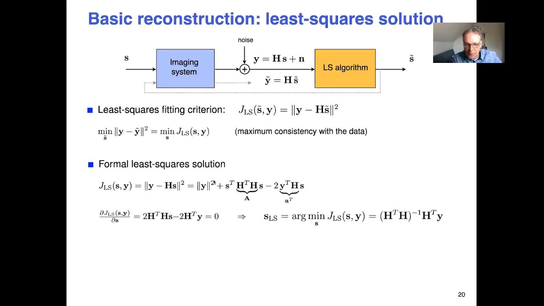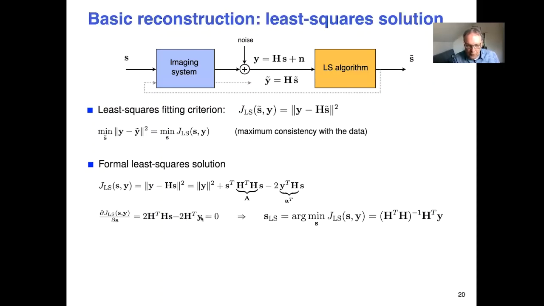I can write it in this form, where I have a quadratic function in terms of S and a linear function in terms of S. I just showed you how to take these kinds of derivatives. If I take the gradient, I get this. That's very standard in imaging. And I have to equate the gradient to 0.